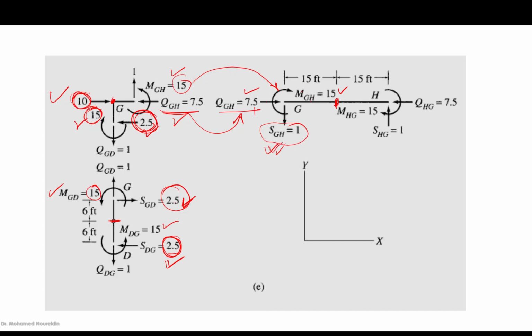Looking to the right of this girder, we're going to have moment here 15, in the same sense and the same magnitude. Similarly, this one is going to be the reverse of SGH from the equilibrium of Y, and this is definitely 7.5, similar to the axial force from the left. That easy. We can solve one loop of the complicated frame.